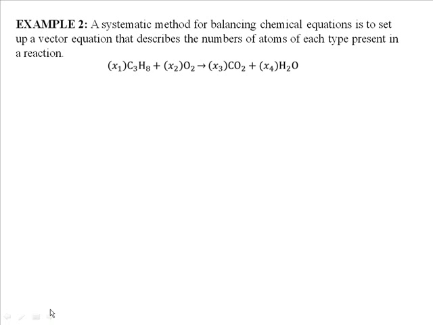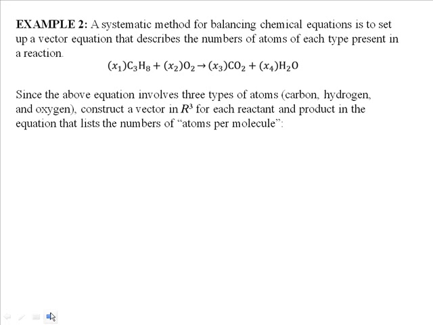We're going to look at the equation we looked at before. This involves three types of atoms: carbon, hydrogen, and oxygen. We want to construct a vector in R3 for each reactant and product in the equation that lists the number of atoms per molecule. The first element, C3H8, which is propane, would be equal to the vector where carbon is 3, hydrogen is 8, and oxygen is 0.